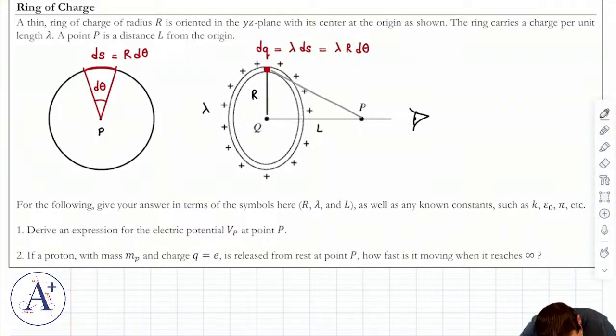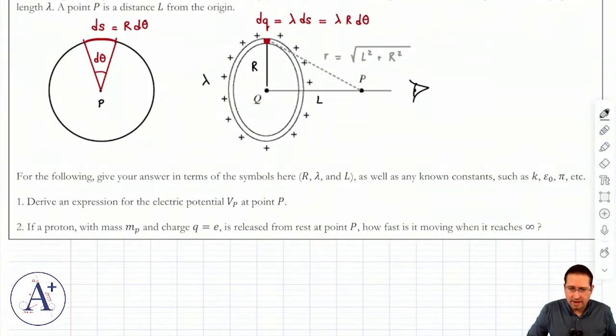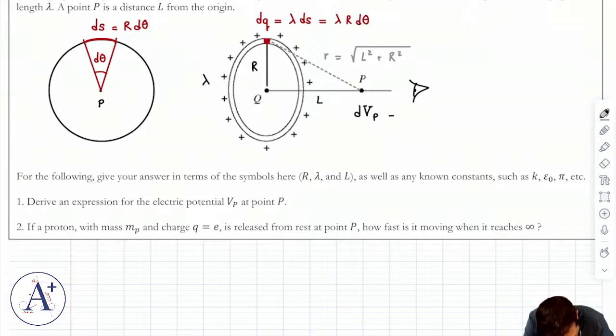And this slice is located at a distance little r from P, which is the square root of L squared plus big R squared. And what I'm going to say is that at point P, the electric potential created by this little slice is dVp.